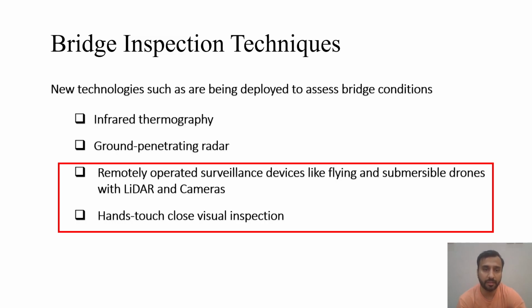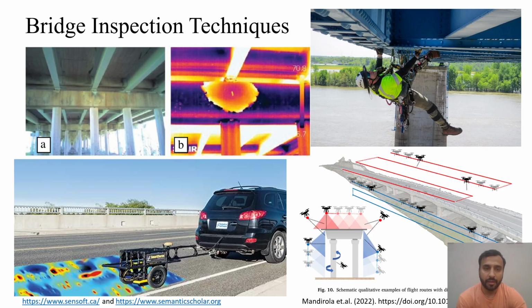There are many techniques. I have mentioned a few here, like infrared thermography, ground penetrating radar, and drones, which can be used for bridge inspection. But I will be more focused on the visual inspection using different instruments, mainly cameras. In thermography, infrared cameras are capable of measuring the gradient of heat.